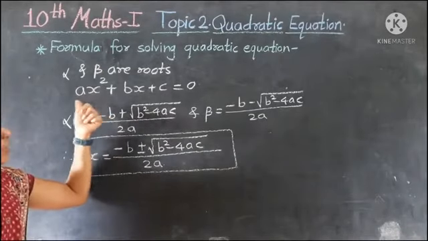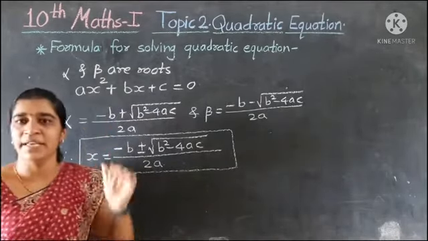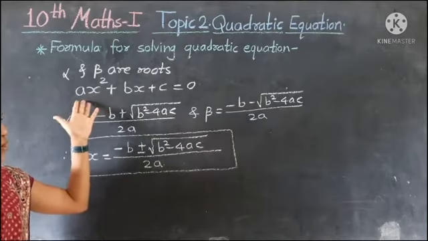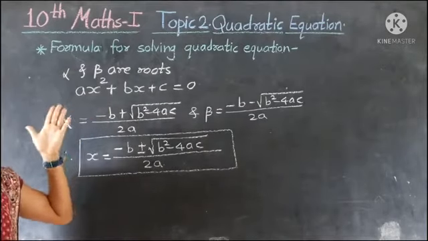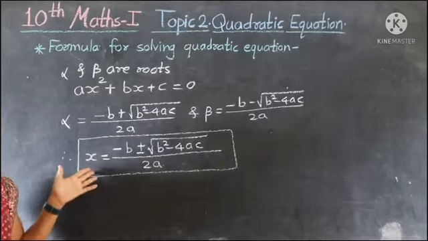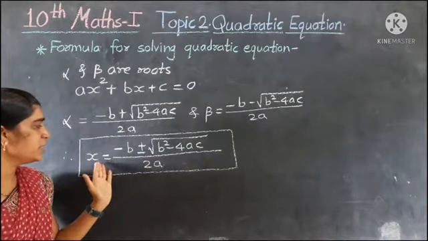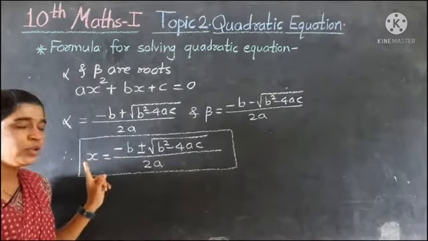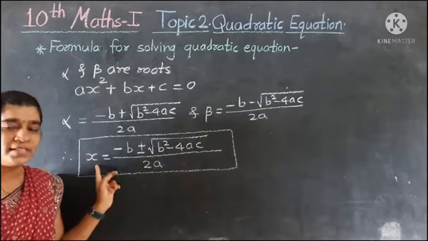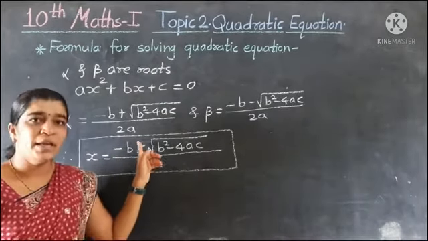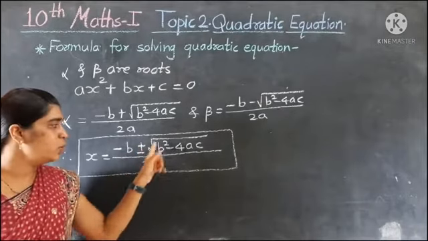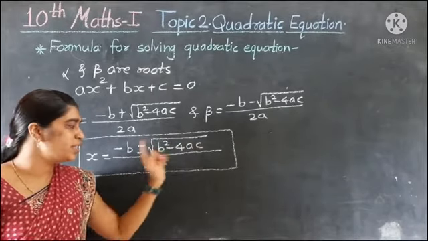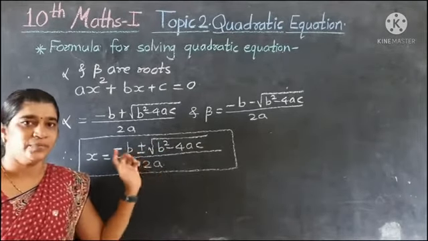See, what is given? Here ax square plus bx plus c is equal to 0 is the quadratic equation. Then for finding the solution of it by formula method we use x is equal to, what is the formula? You remember this formula? x is equal to minus b plus or minus root b square minus 4ac upon 2a.